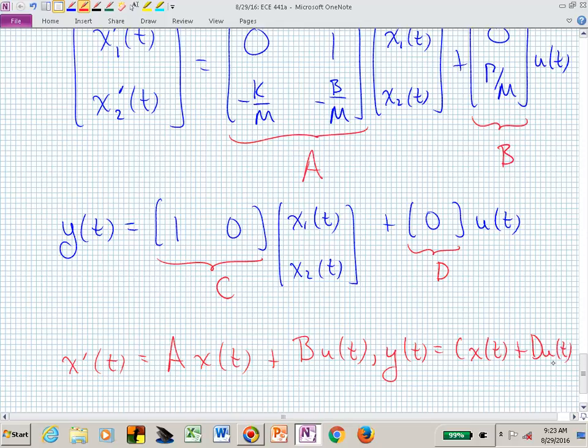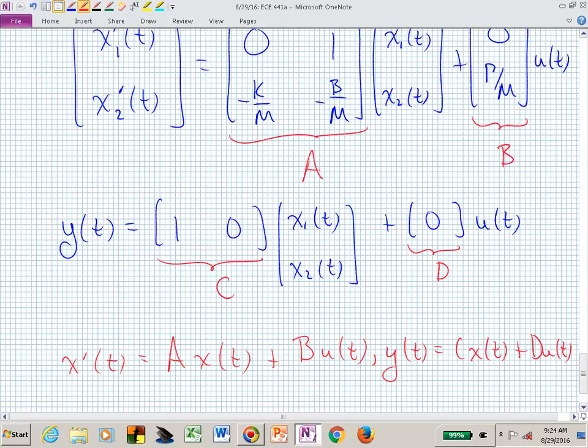Depending on the system, that will determine what your vector x is, what your input vector u is, and what your A, B, C, and D actually are. In this particular case, A is 2 by 2, and it has the structure that we've indicated. B is a 2 by 1, etc.